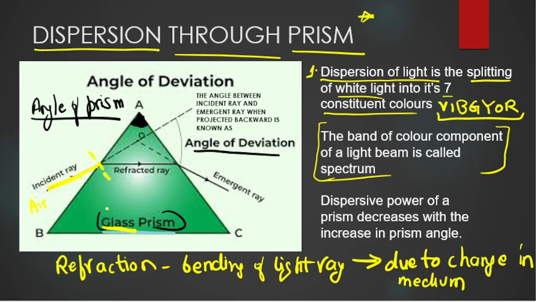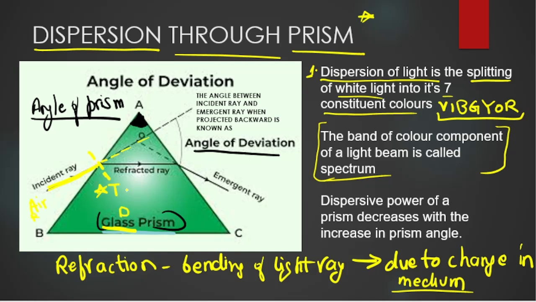This incident ray had to go straight like this, but due to the refraction that occurred because of different mediums, air being a rarer medium and glass being a denser medium, refraction took place towards the normal.